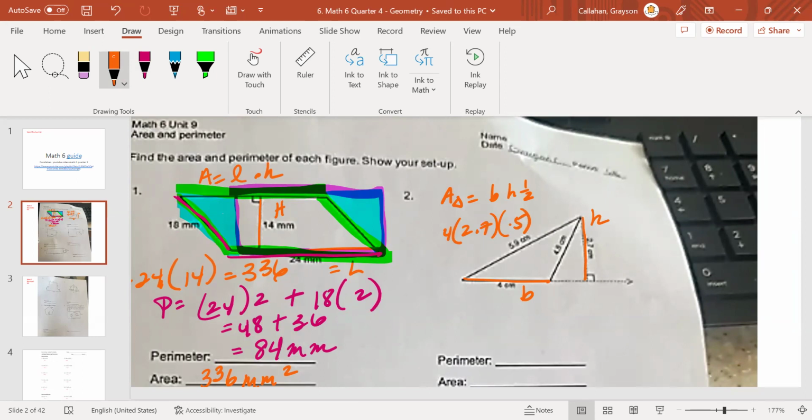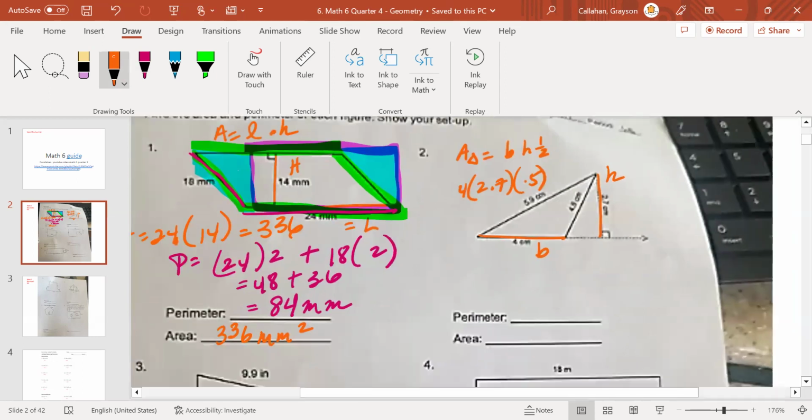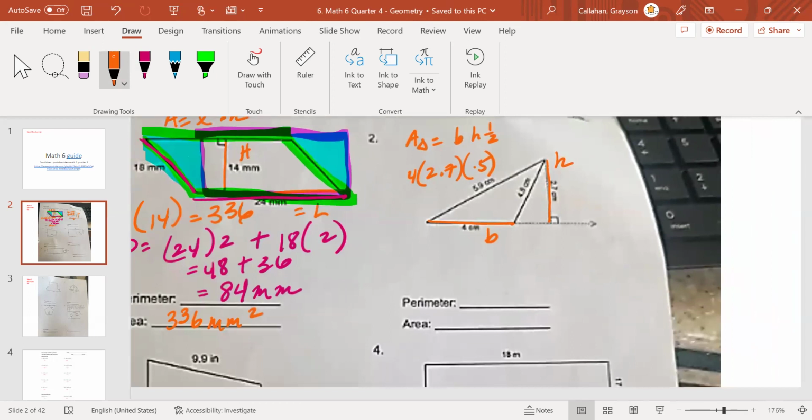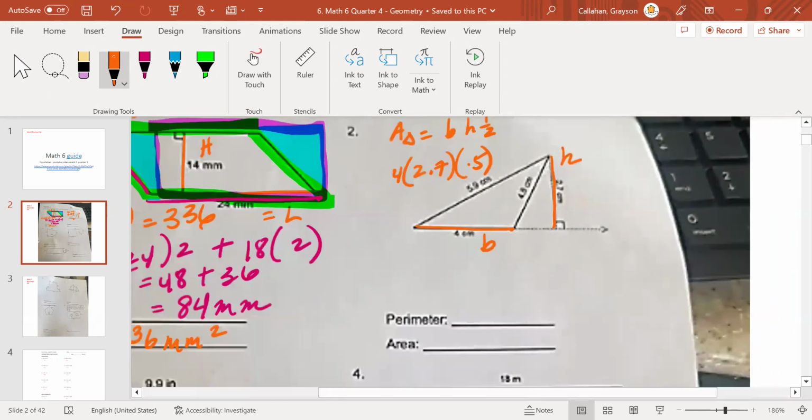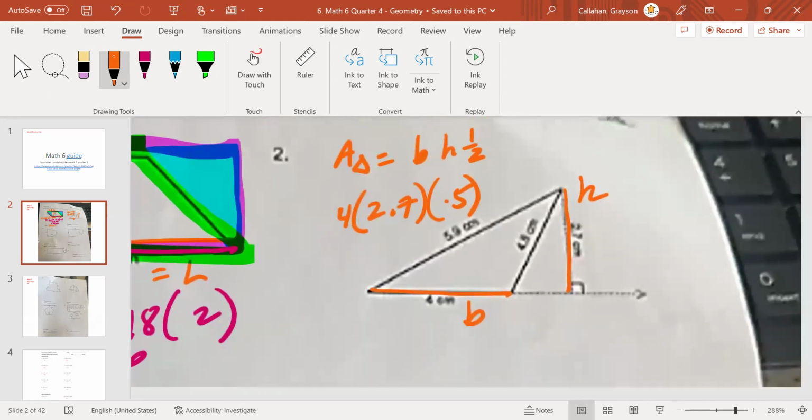So put that in your calculator. So 4 times what? The height. Look up. That's your answer?